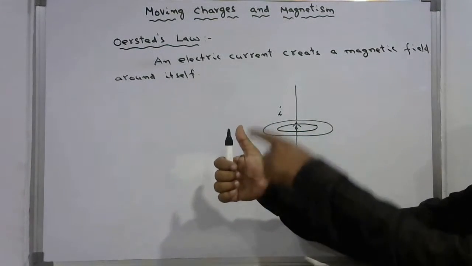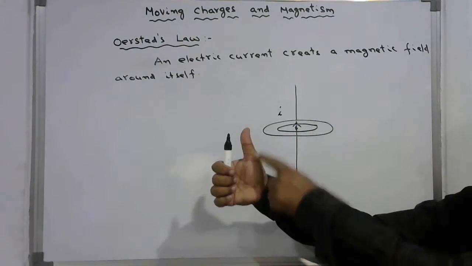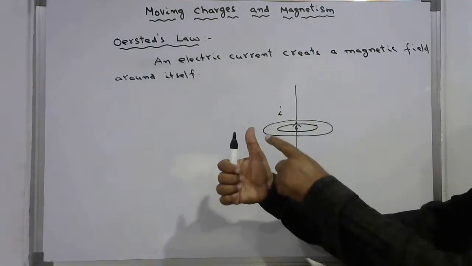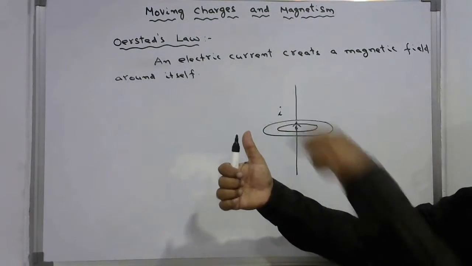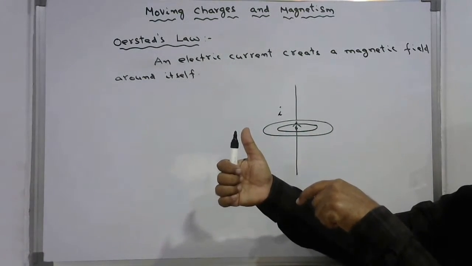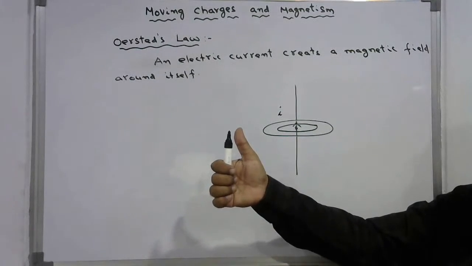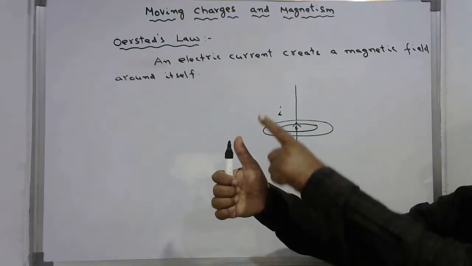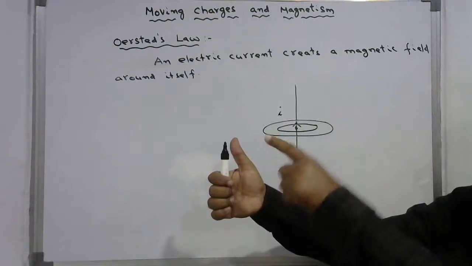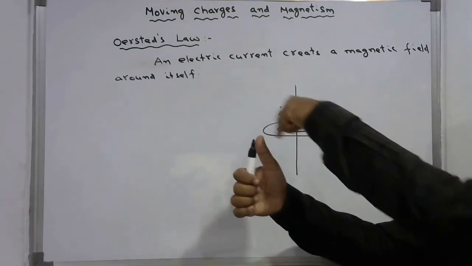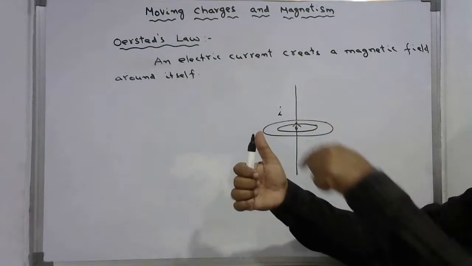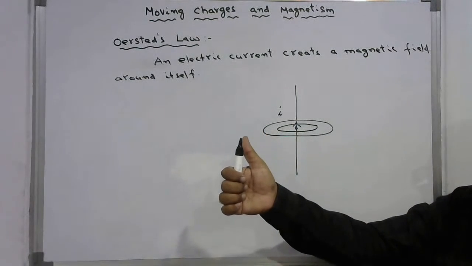The direction of the current is the direction of the thumb, and the rest of the fingers folded in a particular direction give the magnetic field. If the current is moving upward, then the direction of the field is represented by the direction of the rest of the fingers folded.